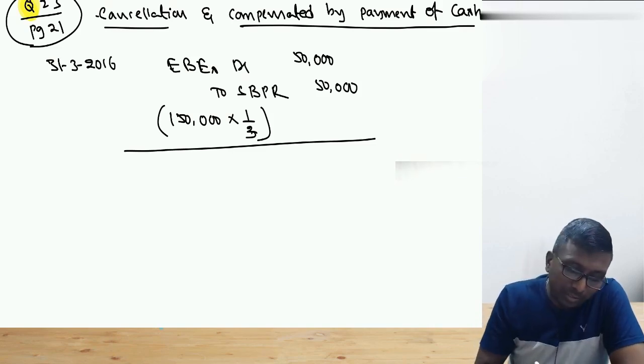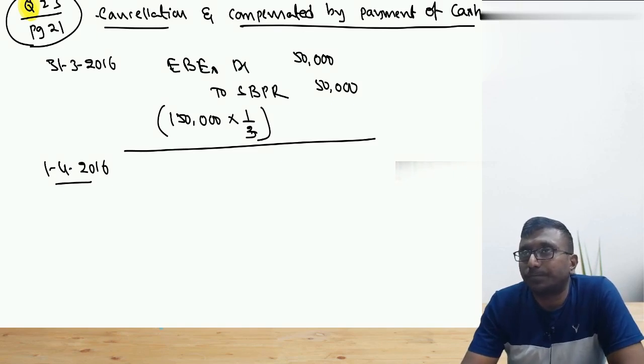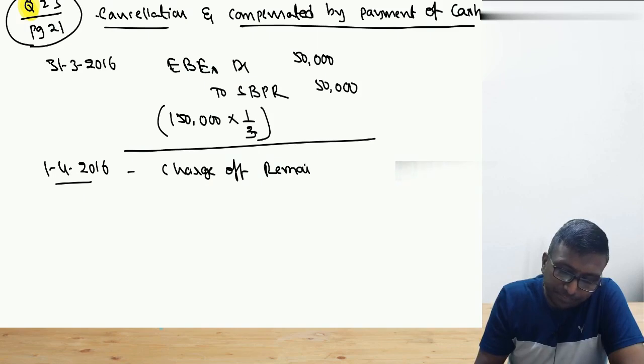Okay, right. Next, on 1/4/2016, next day. First thing what you should do? Charge off the remaining, correct? Charge off remaining as employee benefit expense. How much?